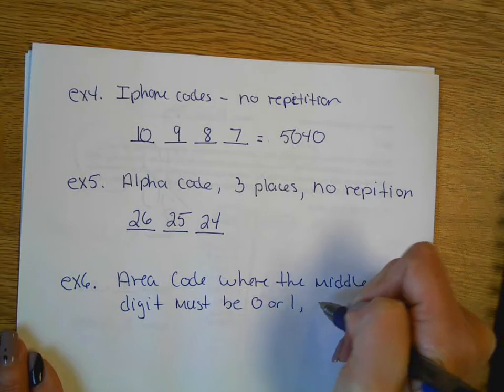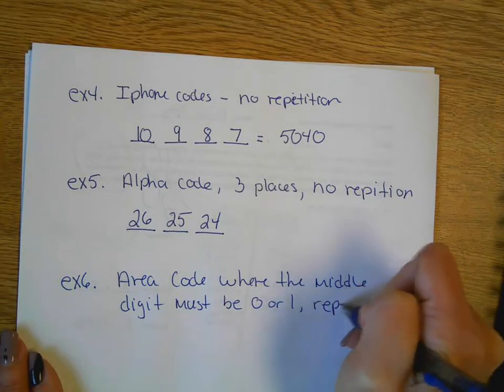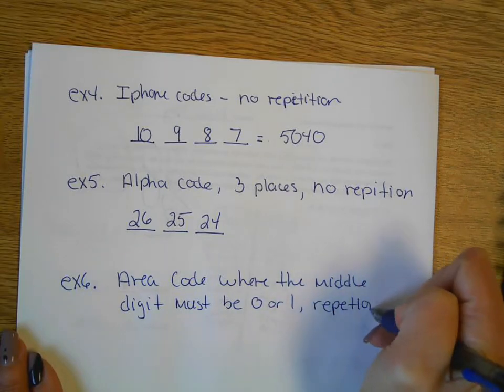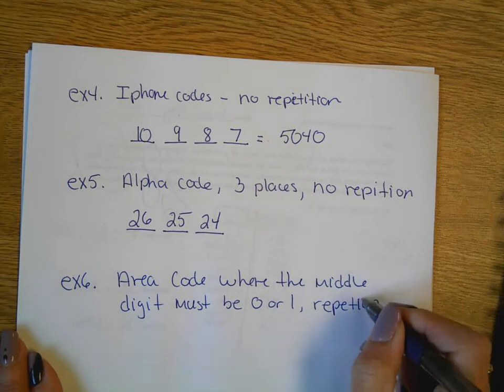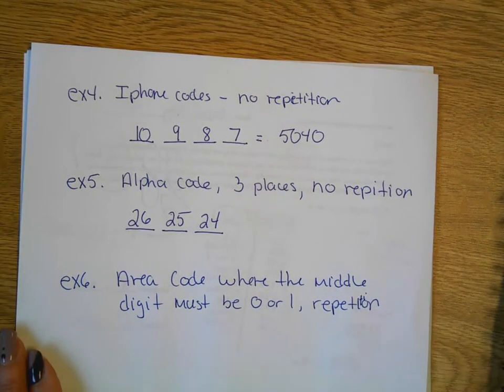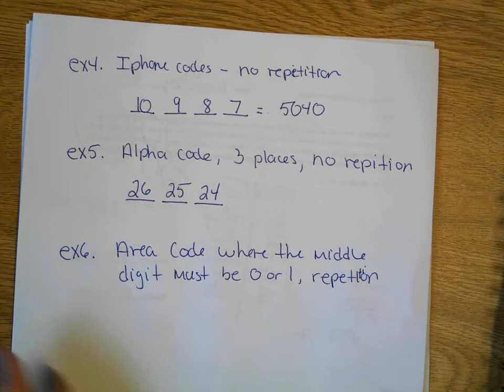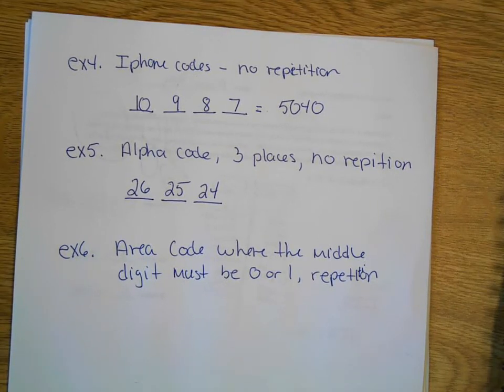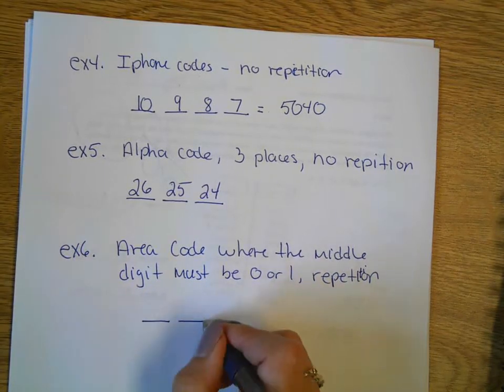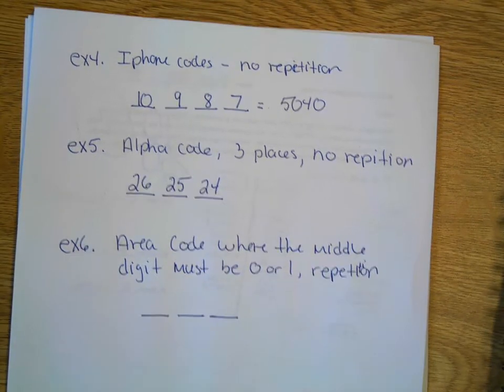Which one's closer? Repetition. 10 through 10. Repetition. So area code, how many spots are there on an area code? 3. 3, that's our 906. 3 digits on the area code.